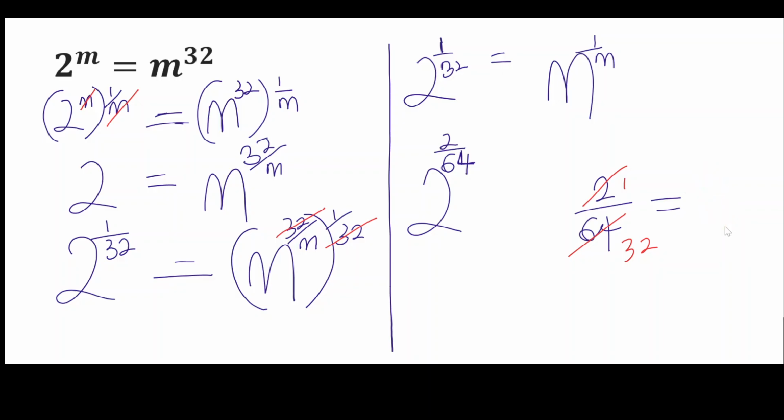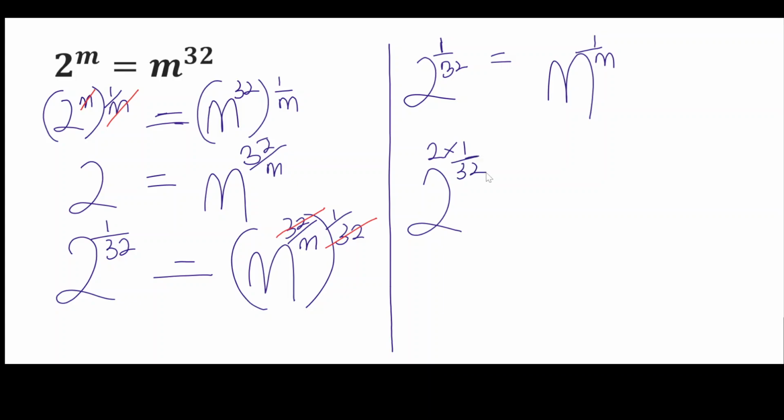So what am I doing in essence? Before writing 2 over 64, let me just write it as 2 multiplied by 1 over 32.